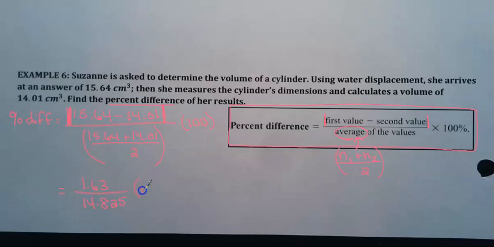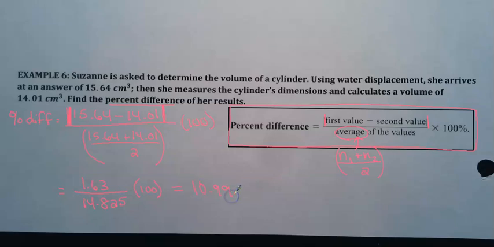And then we're going to multiply by 100. So, what is your solution? You do 1.63 divided by 14.825 and then times 100. 10.99. Okay, 10.99, we could round up to 11.